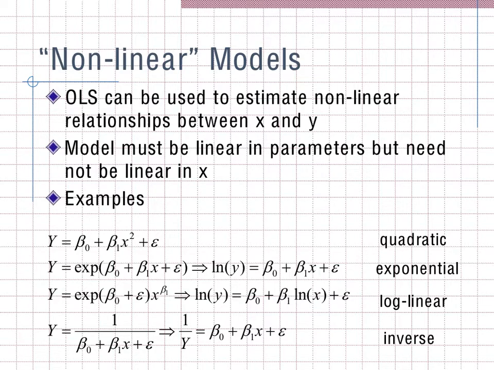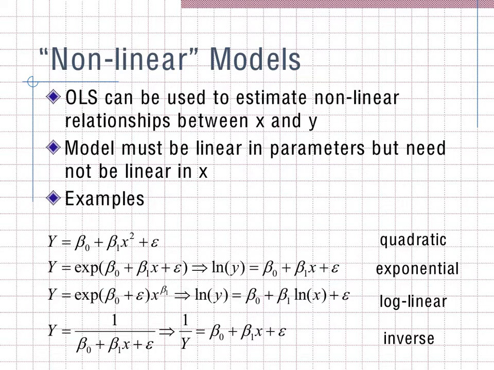And remember, the natural log of the exponent is just the original argument of the exponent, so we get that the log of y is equal to beta 0 plus beta 1x plus epsilon. And to estimate this model, starting with the original data, we would take the y values, take their natural logs, and use them in place of the original y's in the data set and proceed as before.